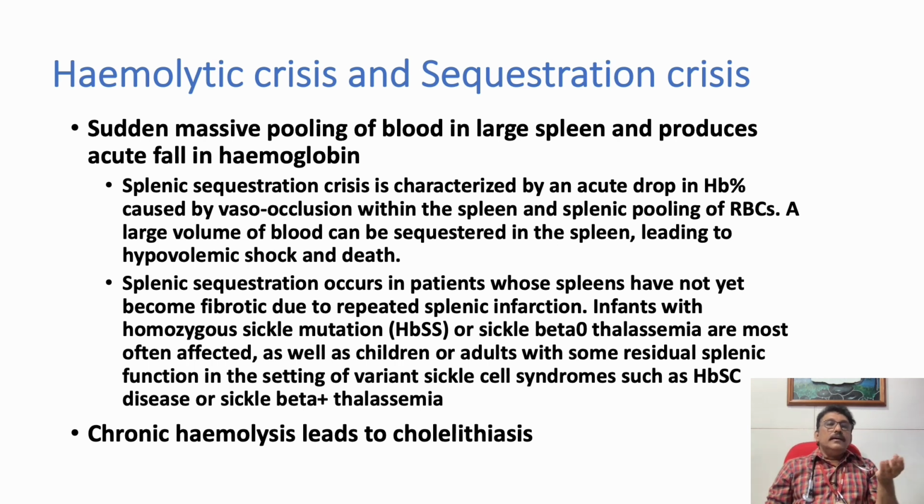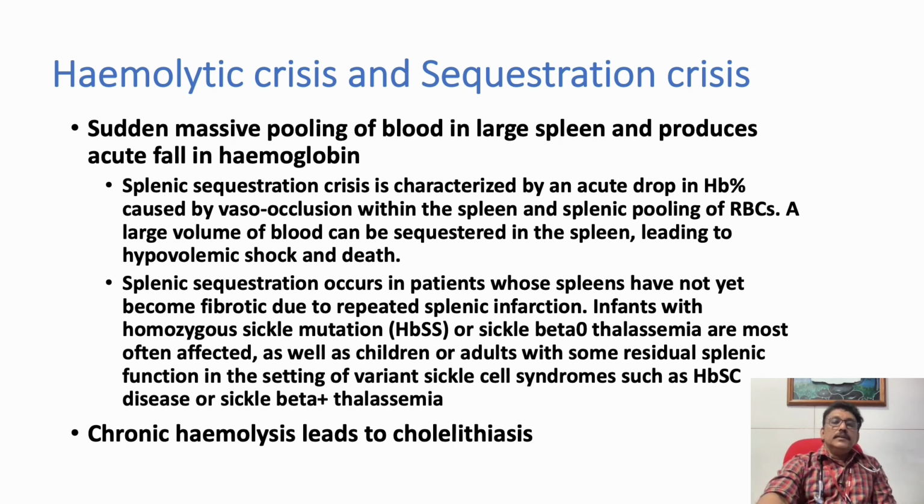Whatever it is, peripheral destruction of RBCs sometimes increases. Bone marrow may not be able to produce or compensate for this destruction, so the patient can go into severe anemia. So, this is called hemolytic crisis or sequestration crisis.